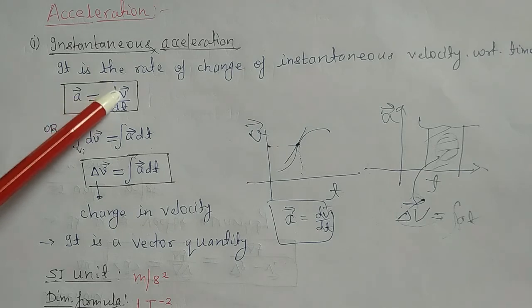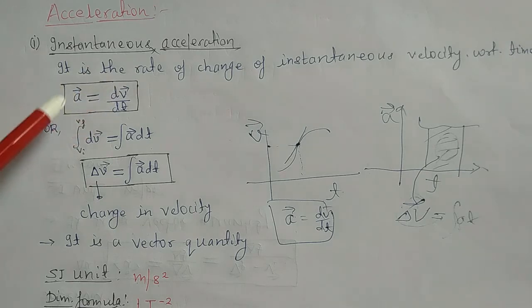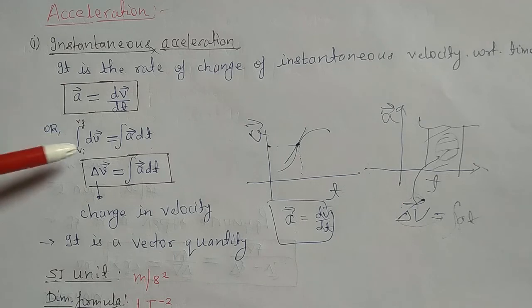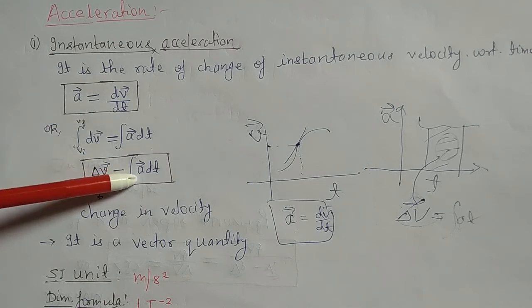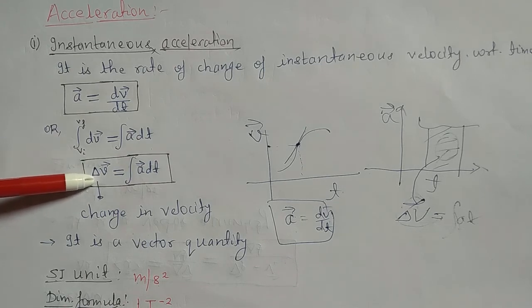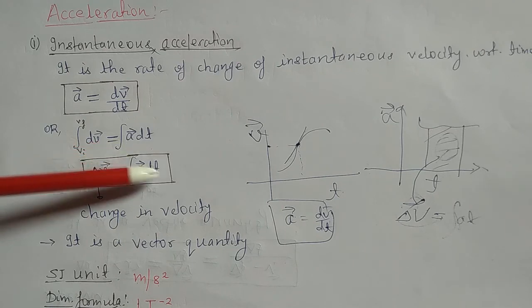So this will become dv and this will become a dt, and integrate both the sides. So dv is equal to a dt. This dv is the change in velocity. This is very important. This is not velocity, this is change in velocity. So the change in velocity is equal to integral a dt.